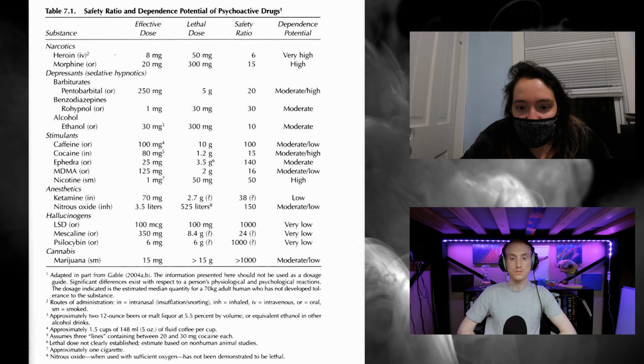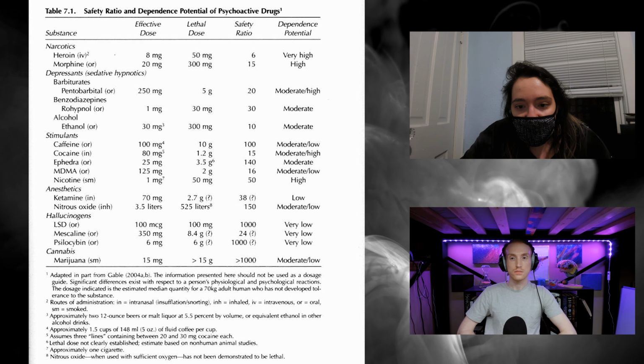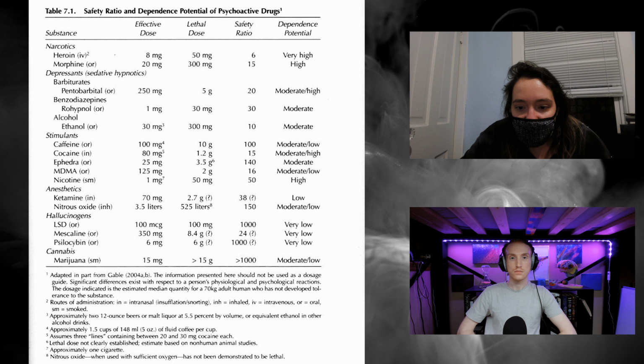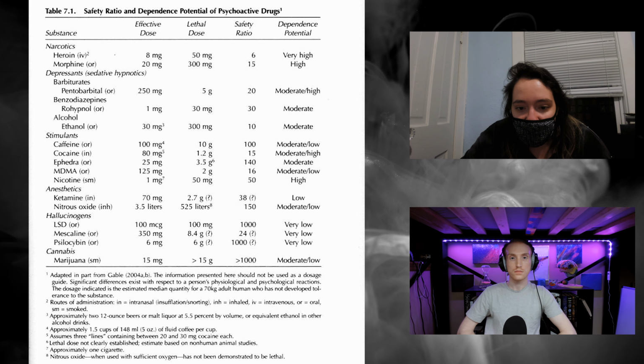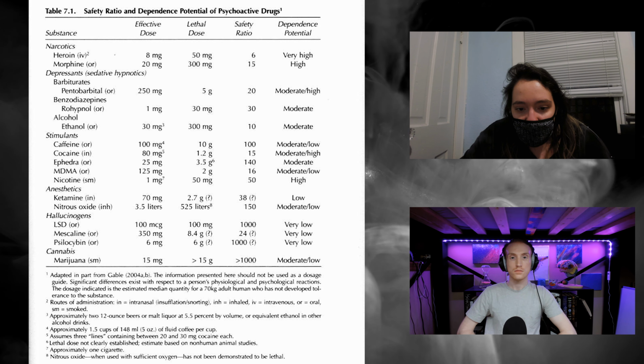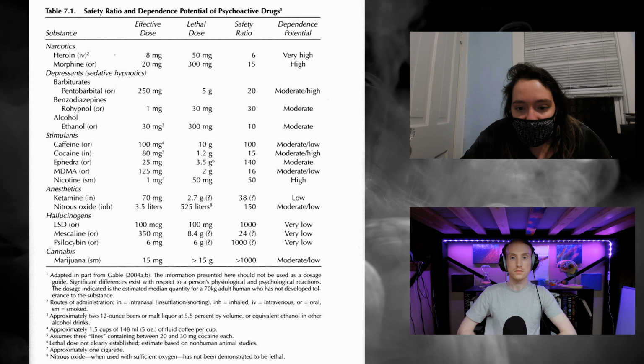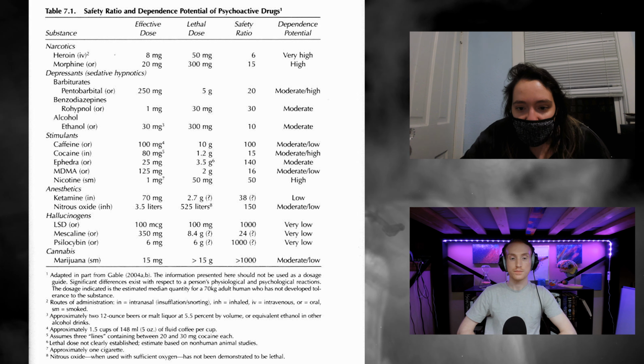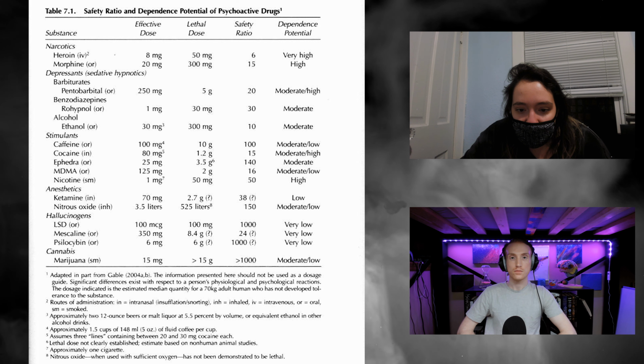Nitrous oxide: effective dose is 3.5 liters, lethal dose is 525 liters, safety ratio is 150, and dependence potential is moderate to low. Then LSD: 100 micrograms is the effective dose, 100 milligrams is the lethal dose. So the safety ratio is 1,000, and that's a very low dependence potential.